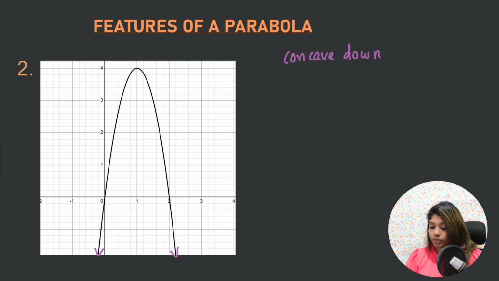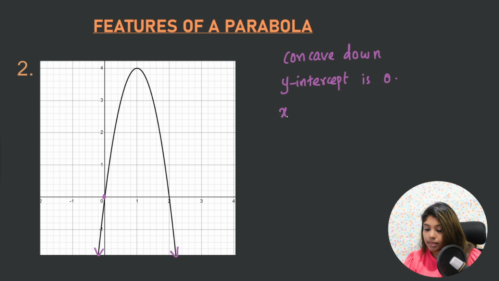And then we identify the features. The first feature that we identify is the y-intercept of the graph. So what is the y-intercept in this graph? The y-intercept is basically wherever the graph meets the y-axis. So you can see the y-intercept is here. So that's basically 0.